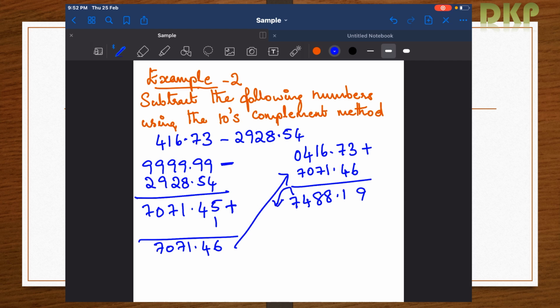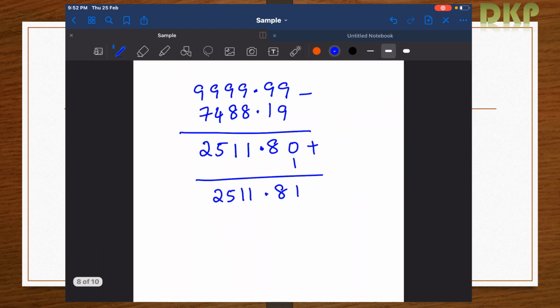Therefore, the rule is, this is the intermediate result. Since there is no carry, you have to put a negative symbol in the final answer. And also, this intermediate result is not the final answer. You have to find the tens complement of this intermediate result.